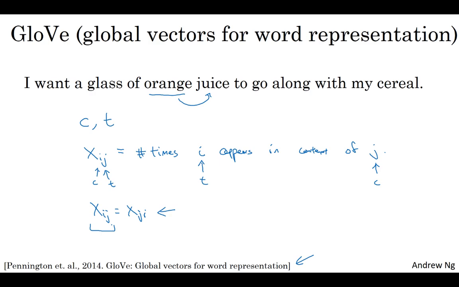So what the GloVe model does is it optimizes the following. We're going to minimize the difference between theta_i transpose e_j minus log of X_ij, squared. I'm going to fill in some of the parts of this equation in a little bit.